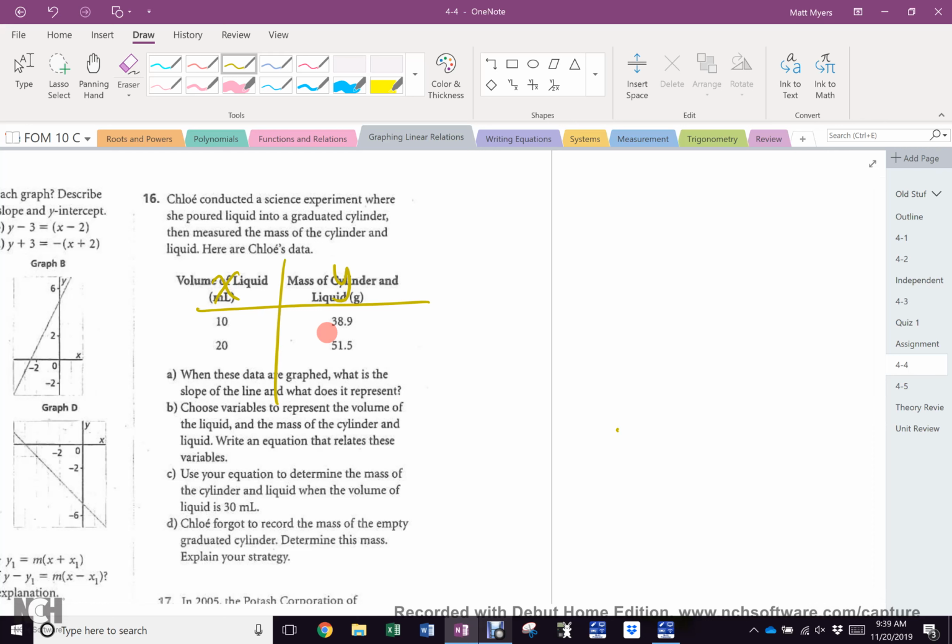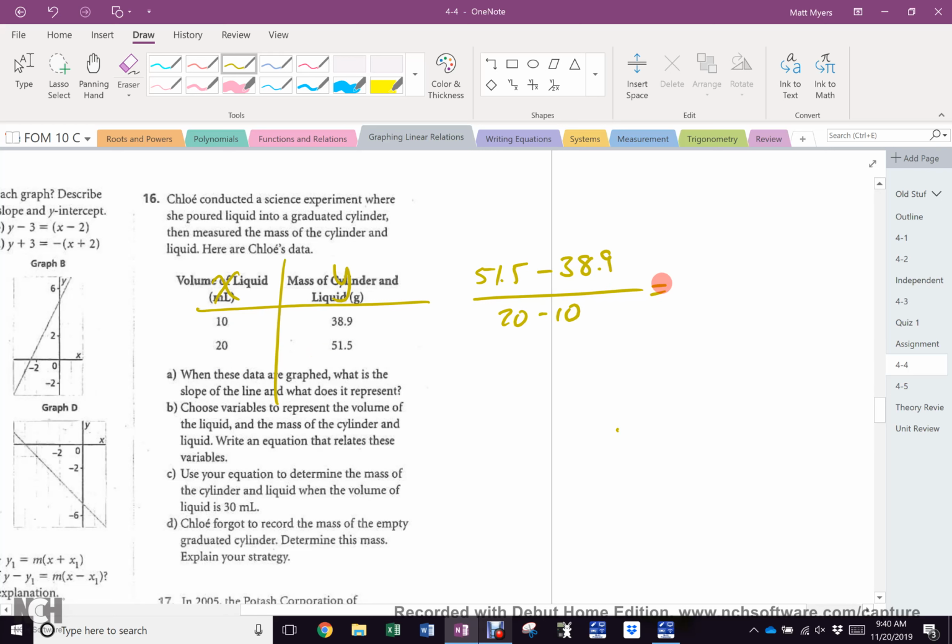How would I find that slope? I don't have a graph to count rise over run. Great, so what would it be? Which would be what?